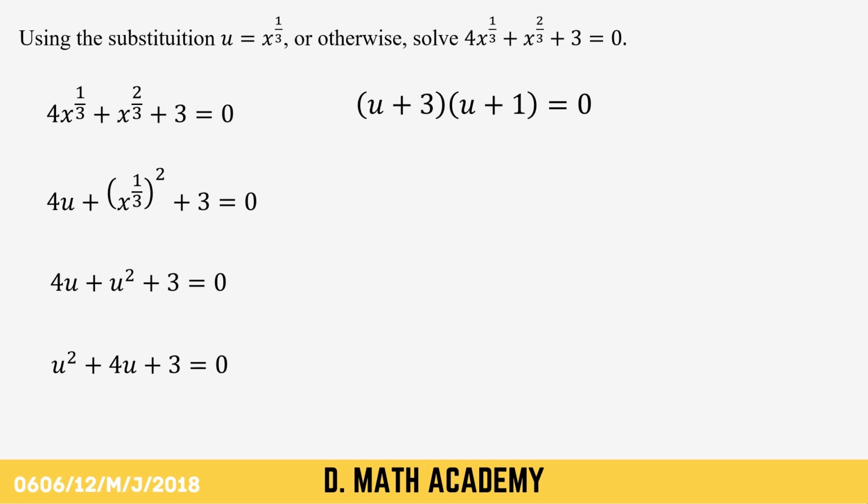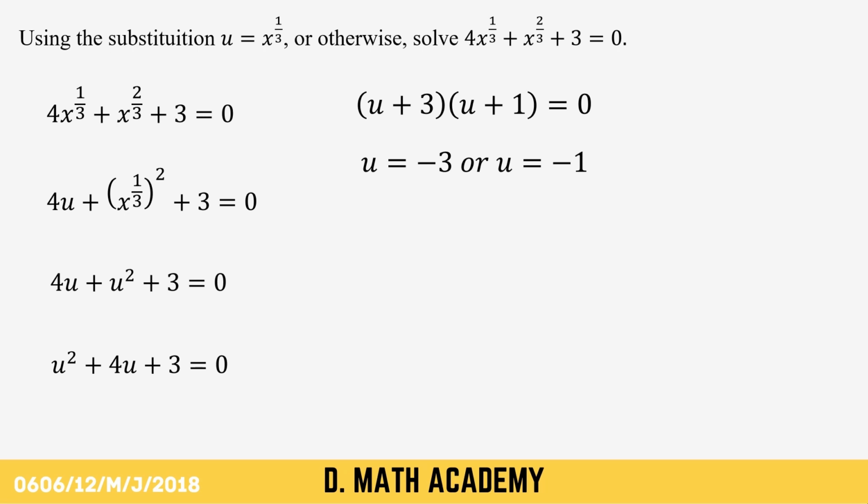So you have u equals -3 and u equals -1 now. If you stop here, this is the part where most students lose their marks, because they didn't work out and get the final value of x.